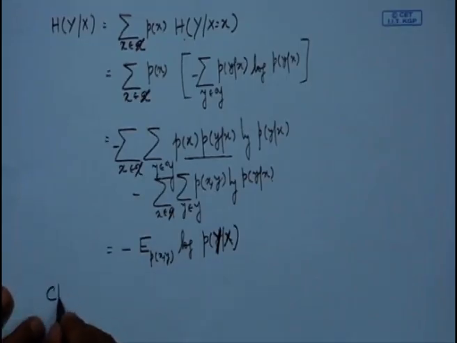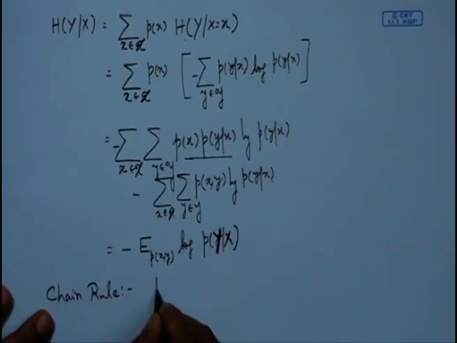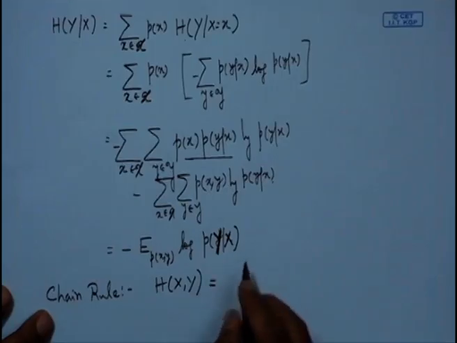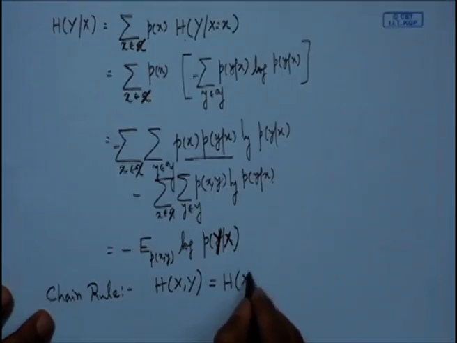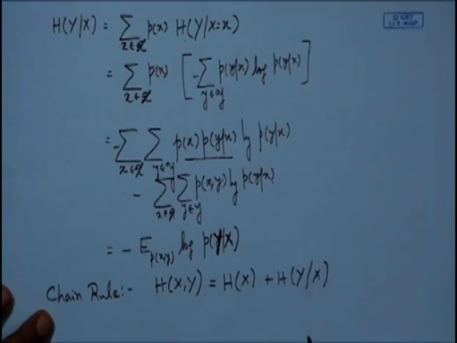We could also have the chain rule following this. The chain rule says H(X,Y), the joint entropy, is equal to H(X) plus H(Y|X).